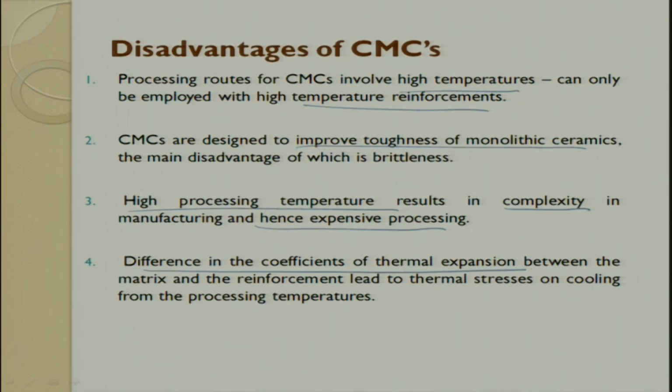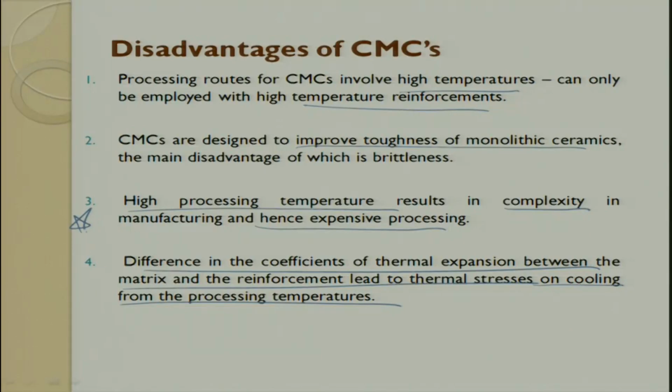The difference in the coefficient of thermal expansion between the matrix and the reinforcement leads to thermal stresses on cooling while the process is made. This has to be taken care of while choosing the ceramic and the reinforcement for making ceramic matrix composite. So, this is expensive, this is challenging, and these three are the biggest disadvantages of ceramic matrix composites.